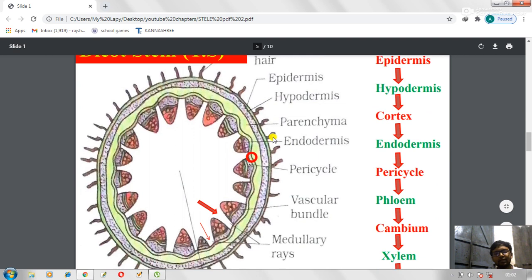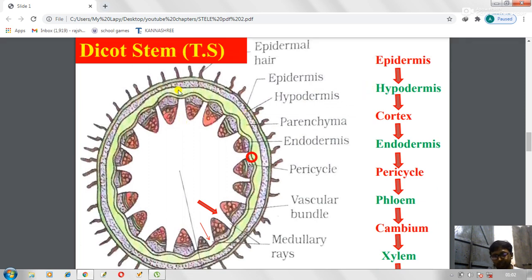If we cut a transverse section, what will we see from outside? The outermost layer is called epidermis, a parenchymatous living structure. Then the hypodermis, which in the case of Dicot stem is collenchymatous. We know that collenchyma is unequally thickened living cells.